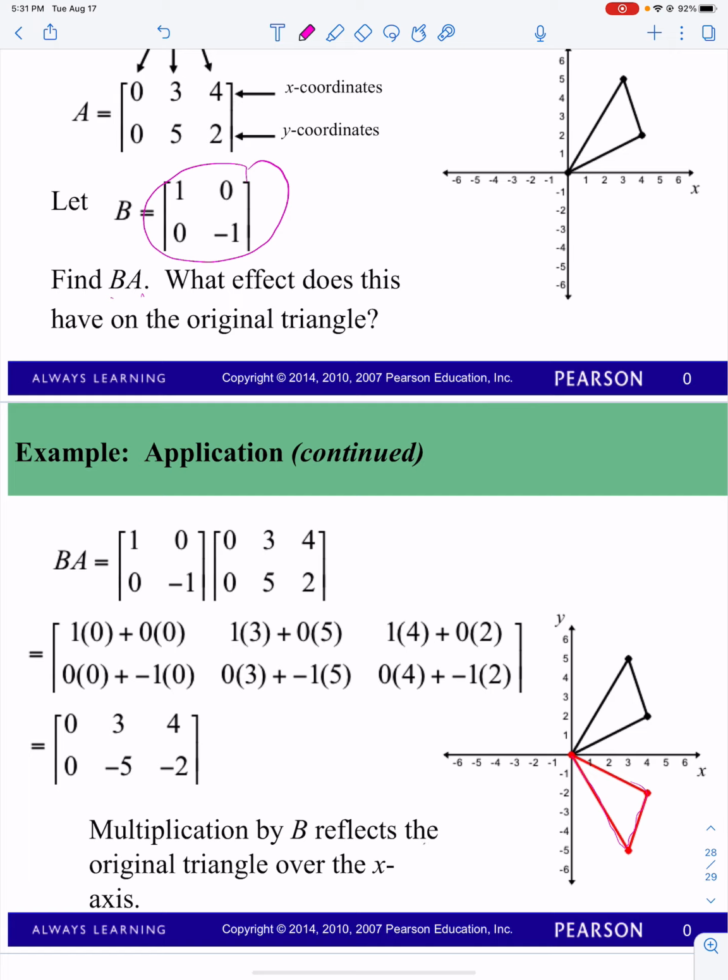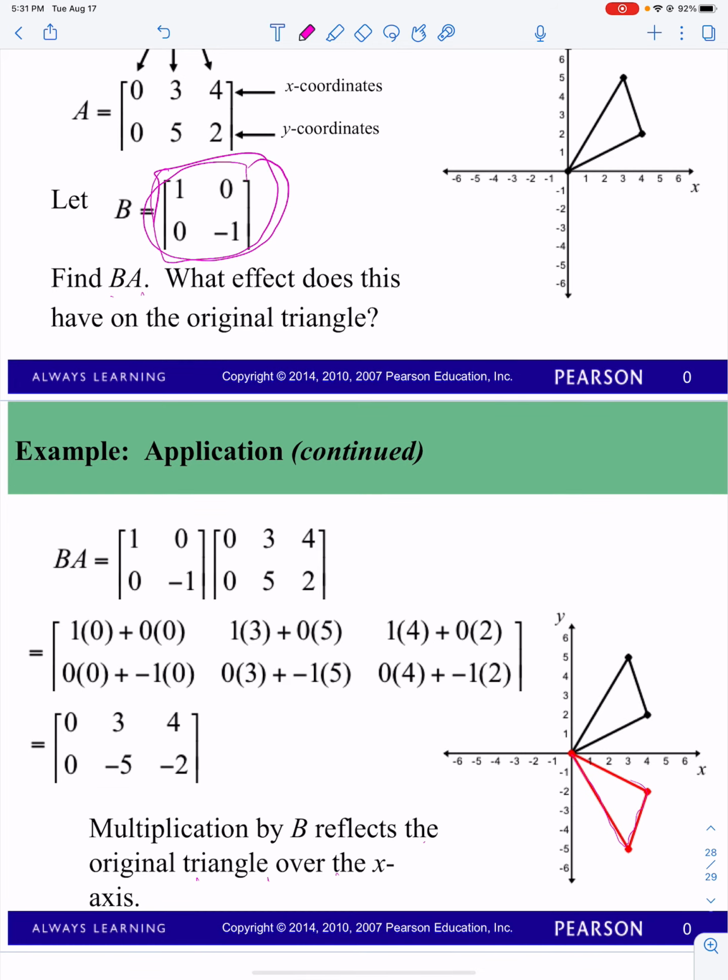It reflects the original triangle over the x-axis, okay? So this is a special matrix. If you multiply by this matrix, it's a reflection over the x-axis. Okay, so this is for you to know. That will be this section.